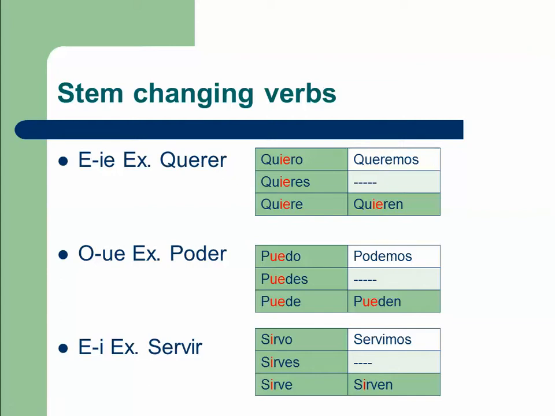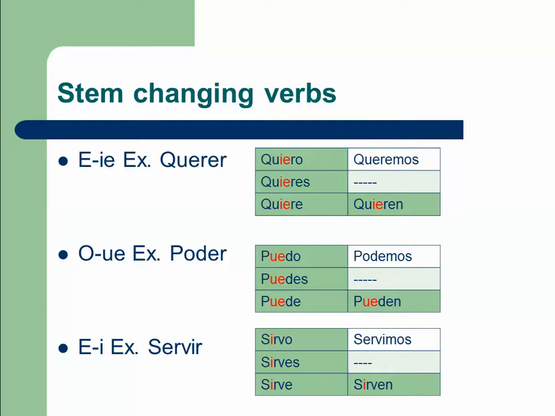So even if you're doing a test that has stem changing verbs in it, if it's asking you for the nosotros form, don't even worry about which kind of stem change it is because it doesn't have one. Muy bien, but only in the nosotros form, right? So every other form, well, except for the vosotros form, which we're not learning in this class, has a stem change in it. So quiero, quieres, quiere, queremos, quieren.